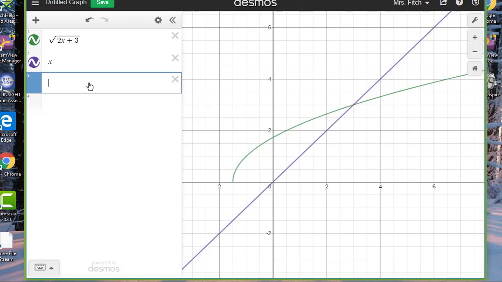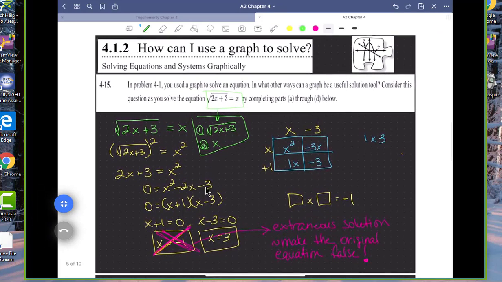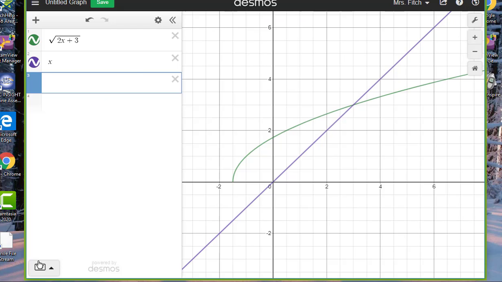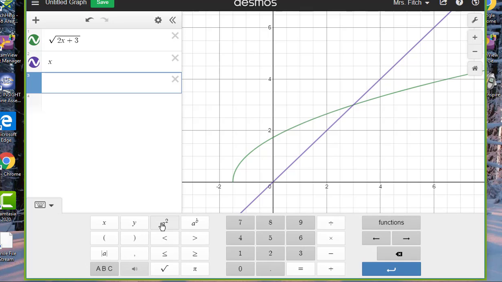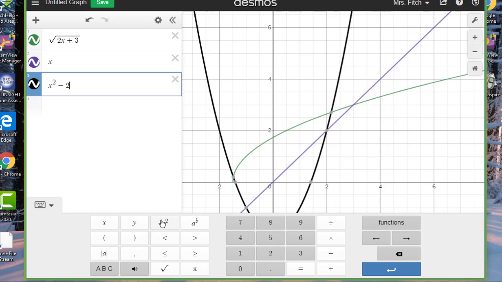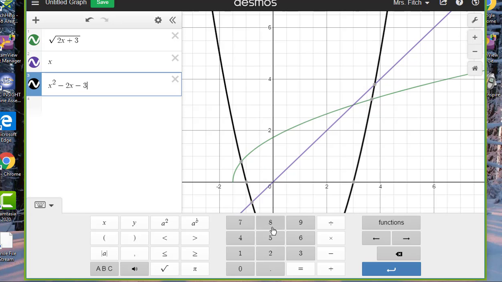But yes. And then the crazy part about this is, remember when we took our problem originally and we went through and we got to this little quadratic, right? You could actually put the quadratic in. What do we have? We had x squared minus 2x minus 3, right?